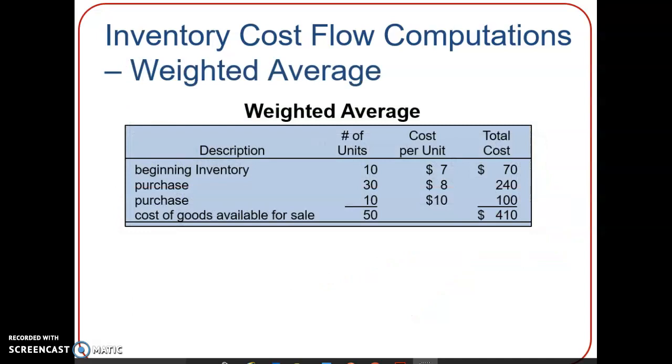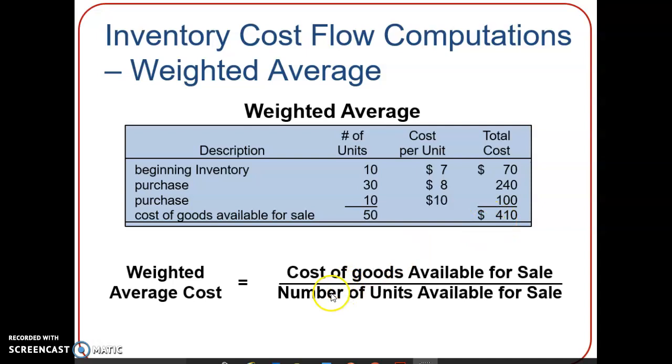All right, the last method, the weighted average method. The idea here is we're going to use the total units of available inventory, which is 10 plus 30 plus 10 equals 50. We also have to calculate the total cost of the units available: 70 plus 240 plus 100 is 410.